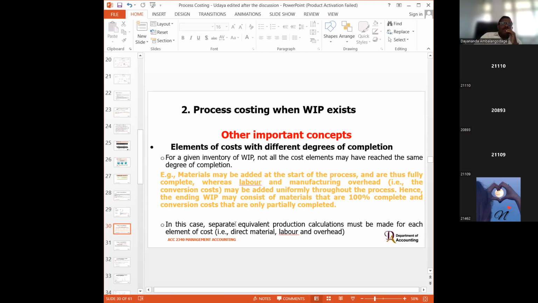So in the case of separate equivalent production, calculation must be made for each element of direct material, direct labor, and production overheads. What I want to communicate to you is that you need to understand this point very clearly. Suppose this is the process, right?